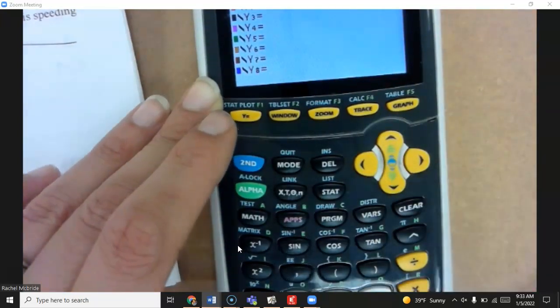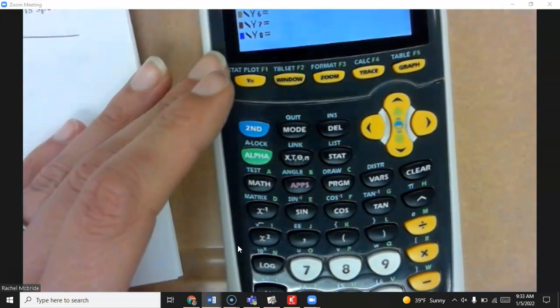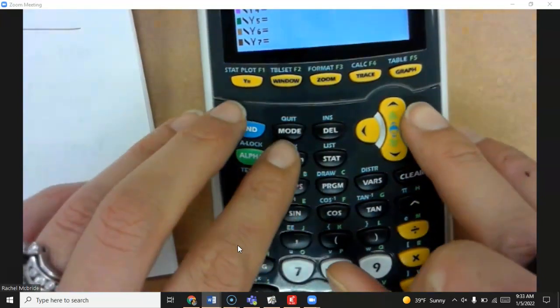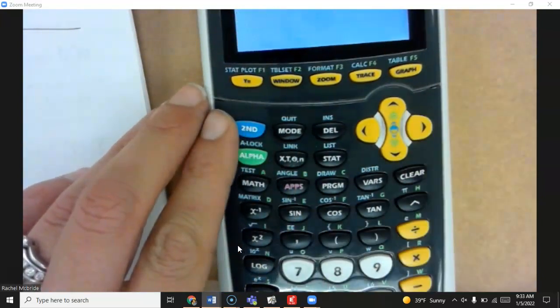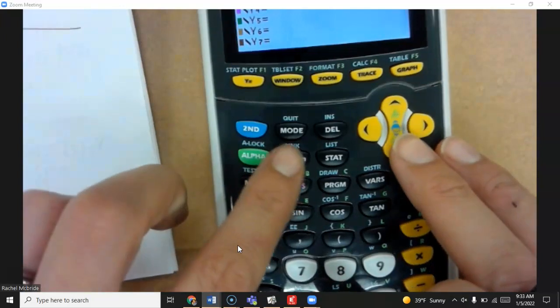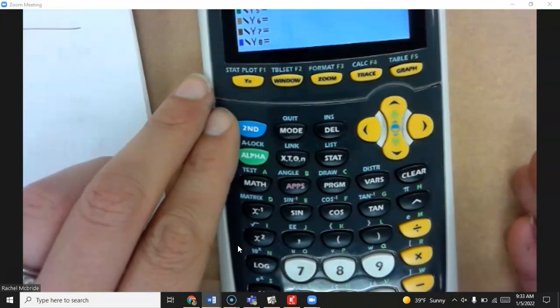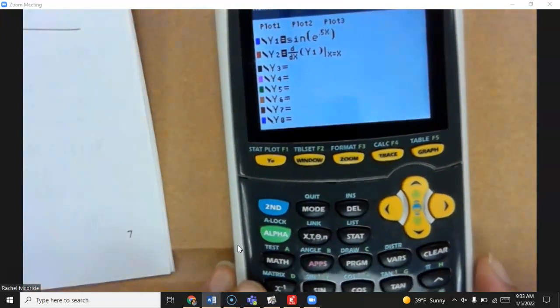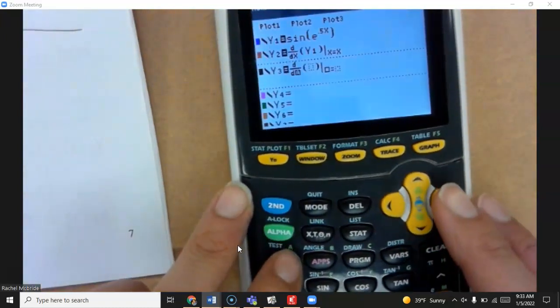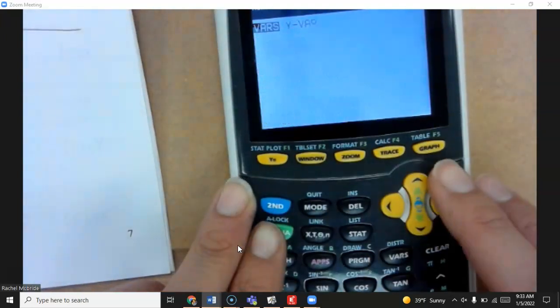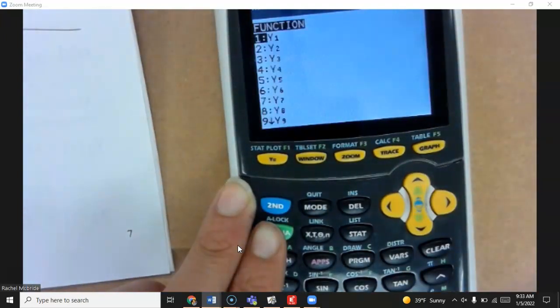Then in y2, hit math 8, type x, vars, y vars, function y1. Then go math 8, bars, y2. For acceleration, you do it again, math 8, x, and instead of y1, we put in y2.